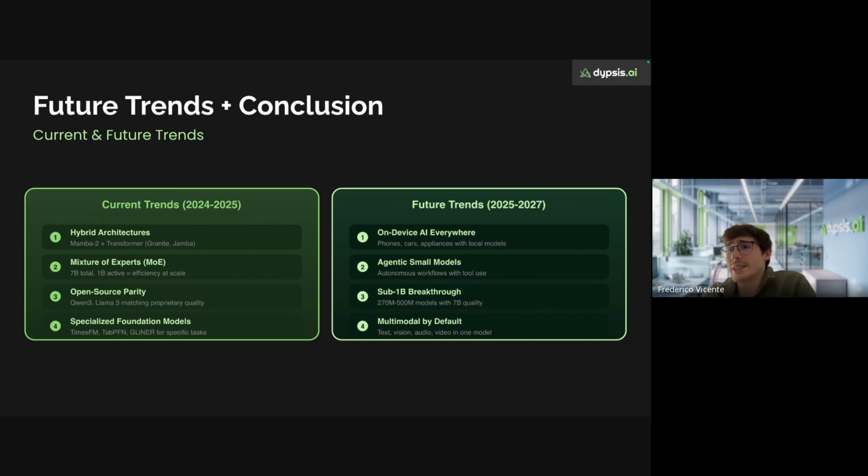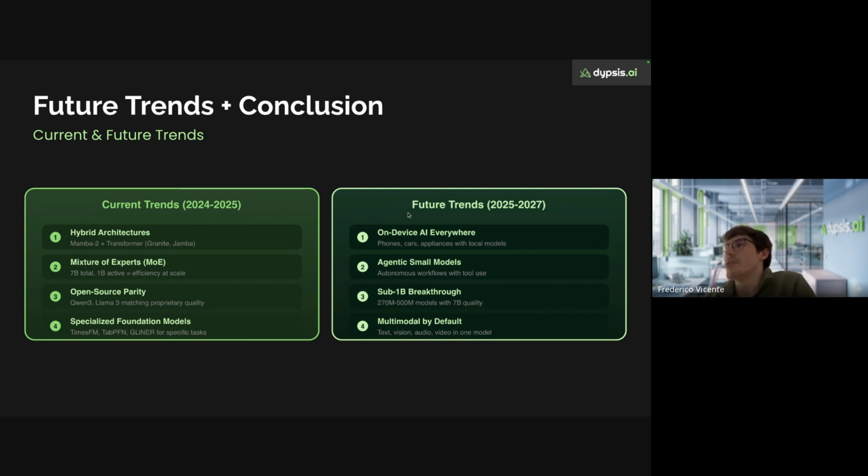And this notion of foundational models is really growing. So for very specific tasks, we are starting to see these baseline models, which are a good balance between, let's say, quality and speed.